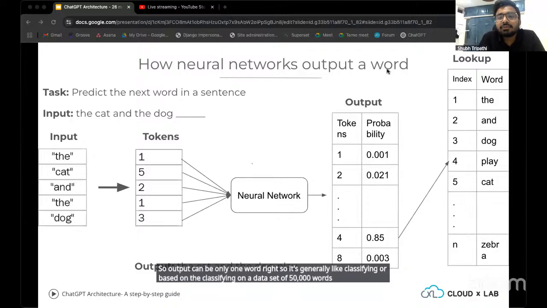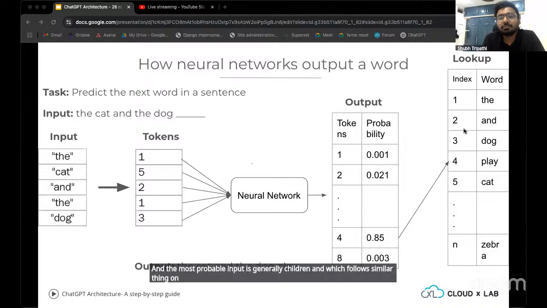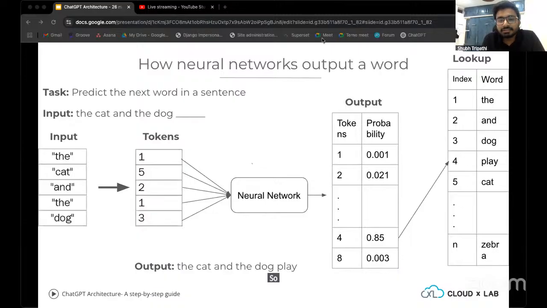That's how it is a classification problem. In classification, it assigns a probability to each class, and the most probable one is chosen, which follows a similar thing for the output. Is it clear? If you have any more questions, feel free to ask.